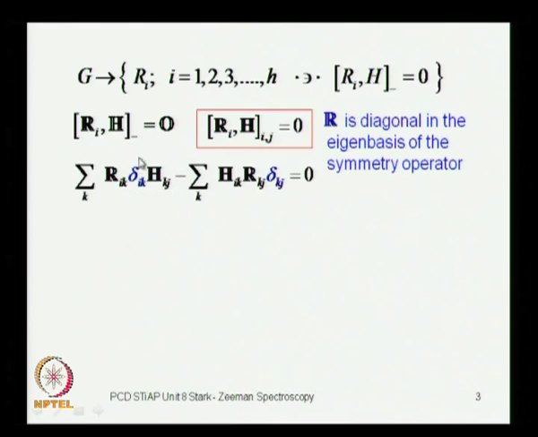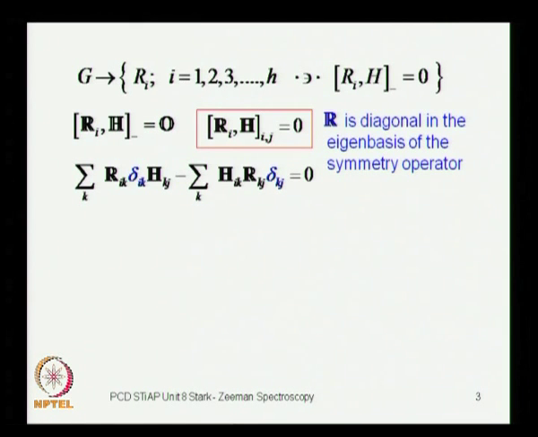So, Rik will implicitly include a Kronecker delta, it will be non-zero only if i is equal to k, and here because of this Kronecker delta delta kj, this element Rkj will be non-zero only if k is equal to j.